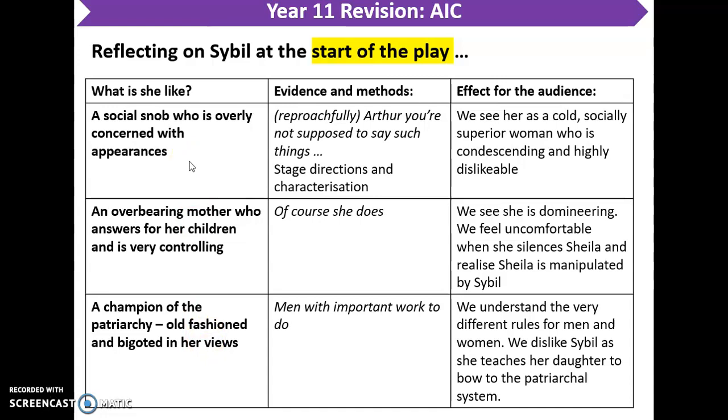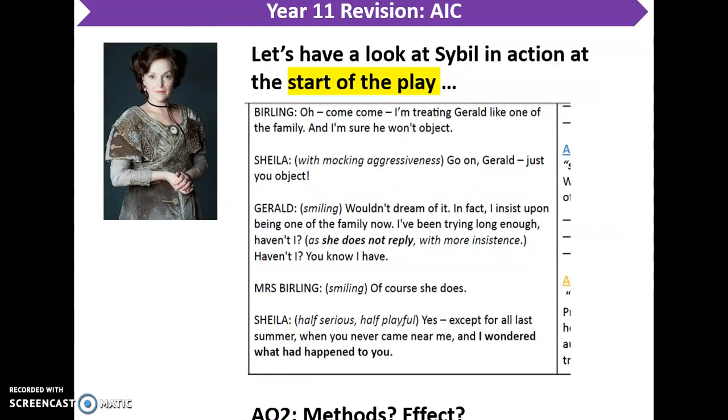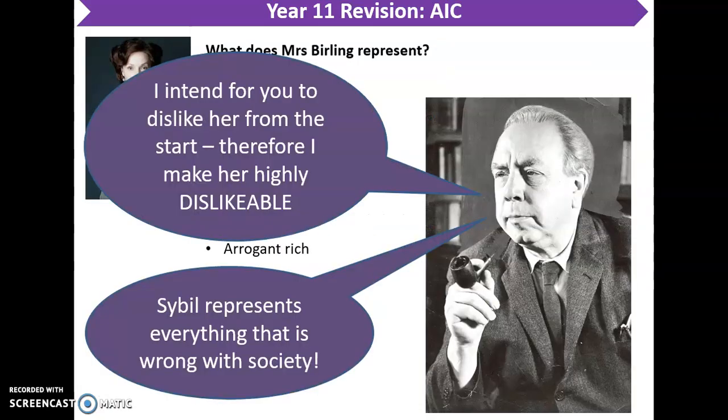And that's deliberate. Priestley is doing this deliberately from the start so that we, the audience, come into line with his thinking, and we also see that she represents everything that's wrong with society in Priestley's view.